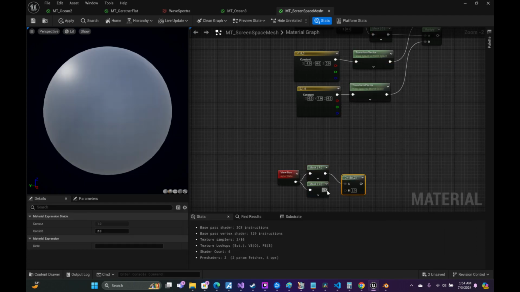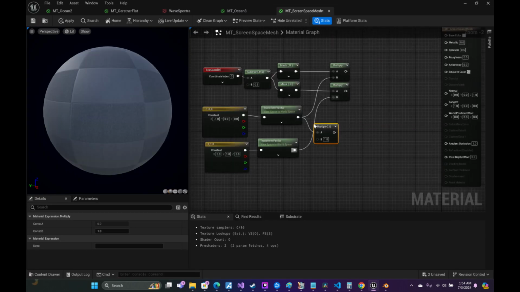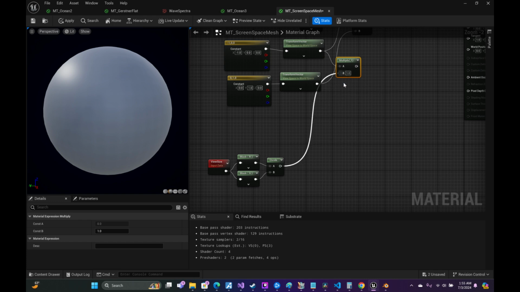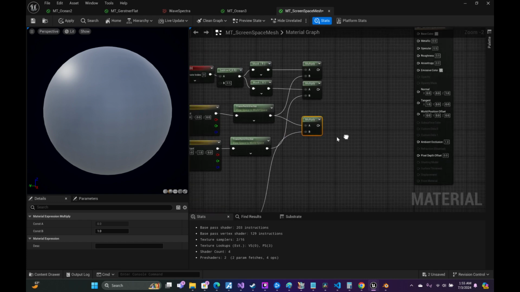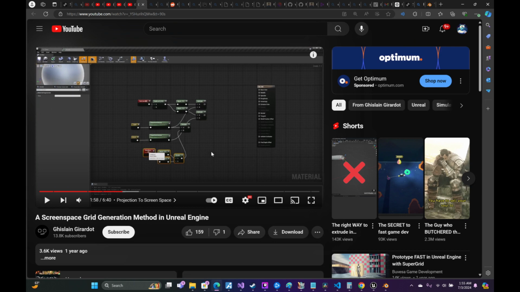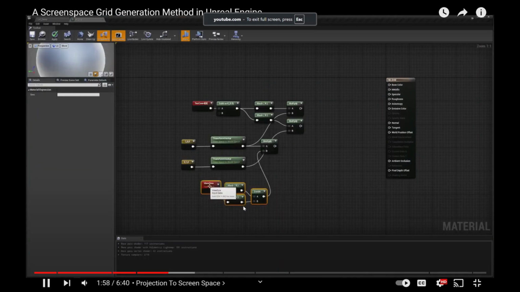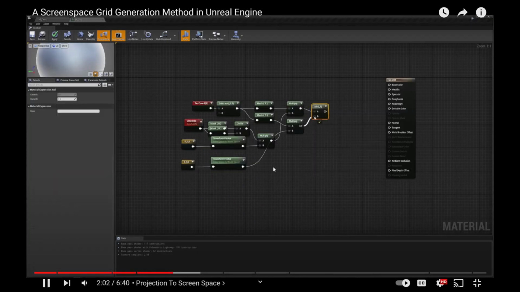Divide. Multiply right here. Okay. Then add those two vectors together. Multiplies this here.